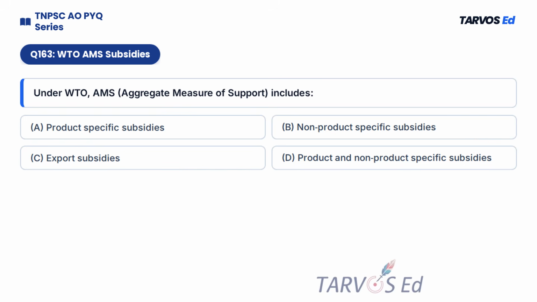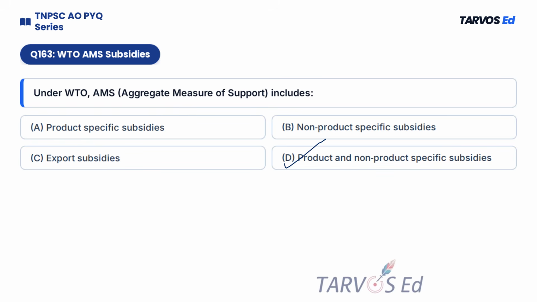The correct option is option D. It includes both product and non-product specific subsidies. Aggregate measure of support means quantifying the annual monetary value of a country's trade distorting agricultural support, and it majorly consists of two things: product specific subsidies and non-product specific subsidies.